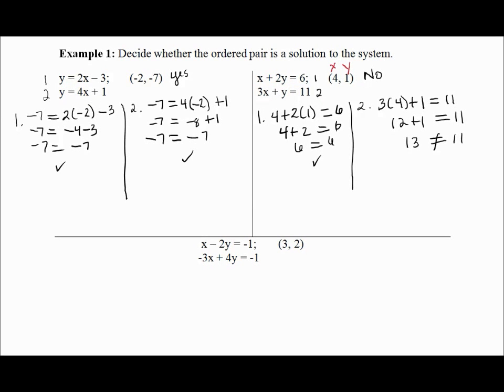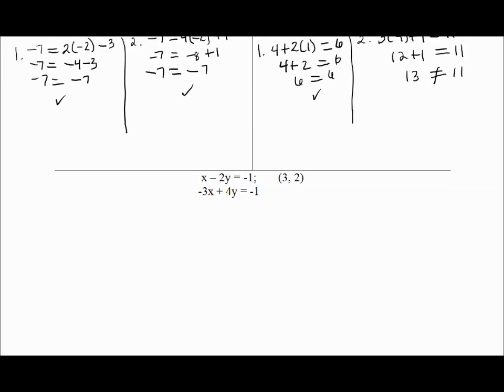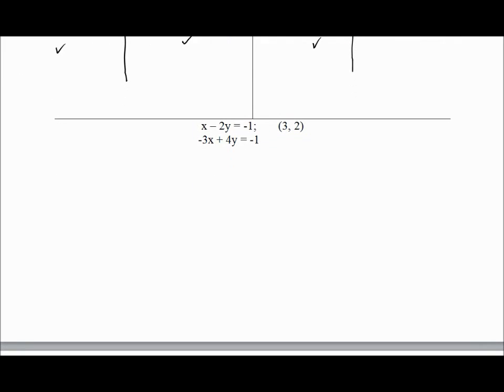Now for my last one, I'm going to move this up just a smidge so we can see a little better. We're doing the exact same thing. My first equation is x minus 2y equals negative 1. For my second equation, I have negative 3x plus 4y equals negative 1. We're checking to see if the ordered pair 3, 2 is a solution to the system.